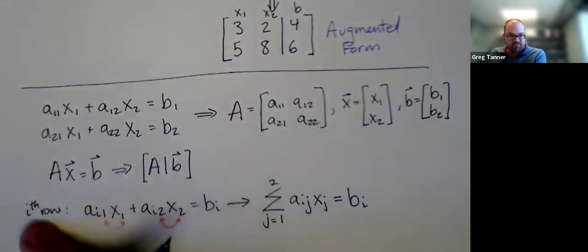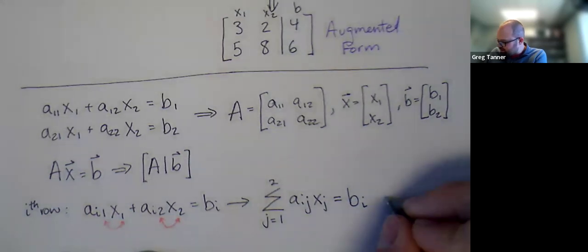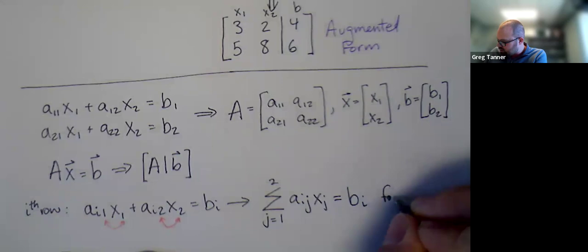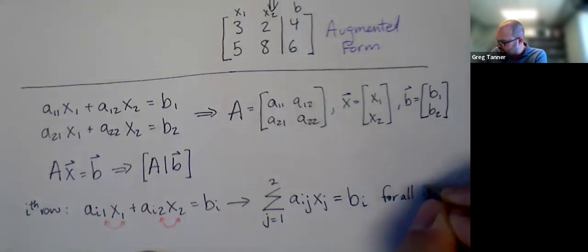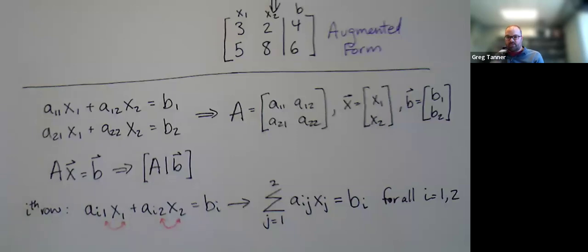Okay, and I kind of left this as the generic ith row. Then I can say for all i equals 1, 2. And this here ends up being summation notation.